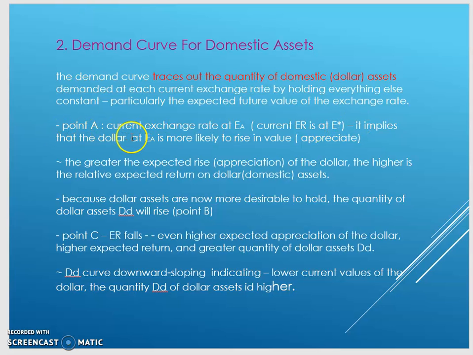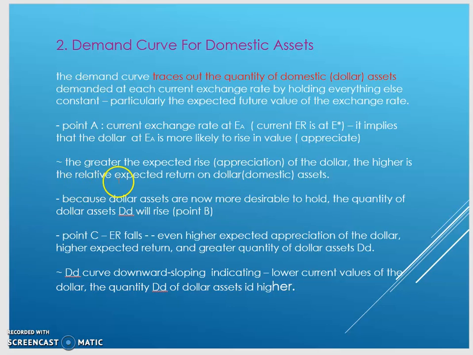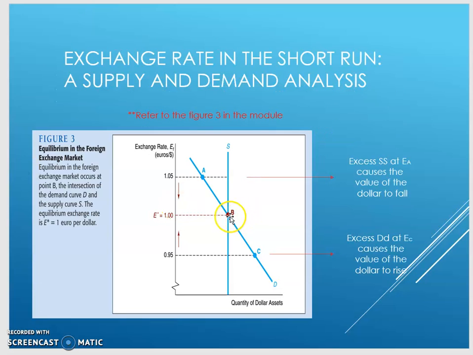It implies that the dollar at EA is more likely to rise in value, meaning the value increases from $1 to $1.05. The greater the expected rise, which is the appreciation of the dollar, the higher the relative expected returns on domestic dollar assets. Because the dollar assets are more desirable to hold, the quantity of dollar assets demanded will rise to point B.